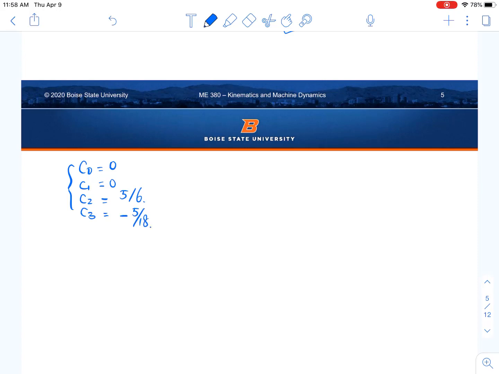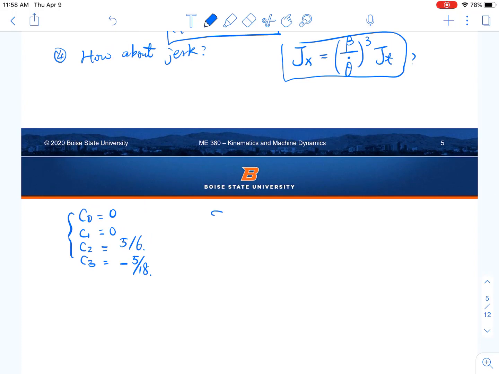All right, that's your SX for the first one. So you're going to have (5/6) x squared minus 5/18 x cubed.